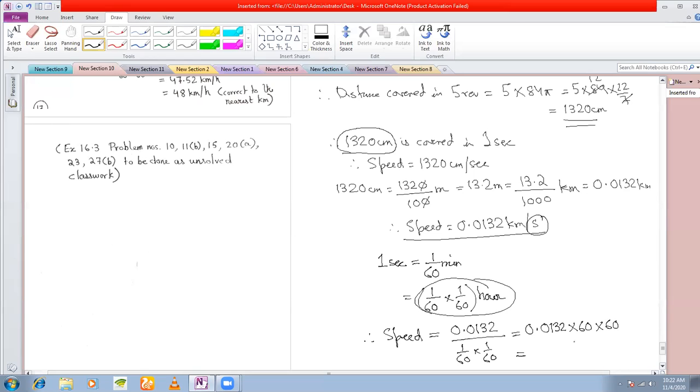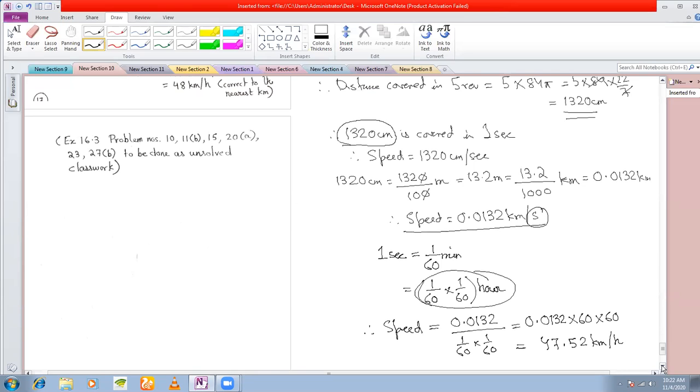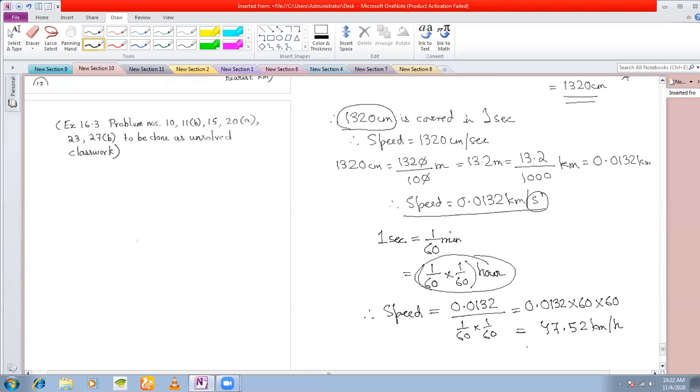This comes out to be 47.52 kilometer per hour. If you approximate it to the nearest kilometer, it is 48 kilometer per hour.